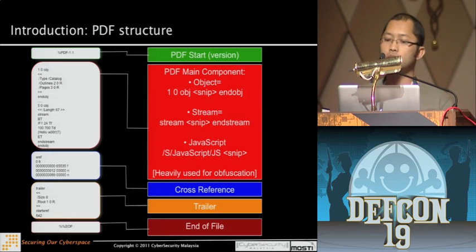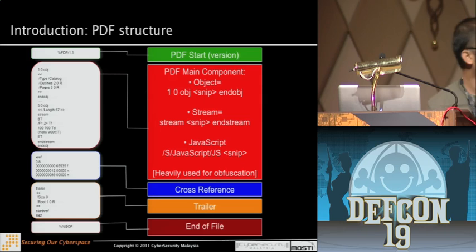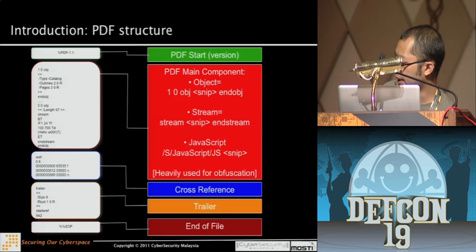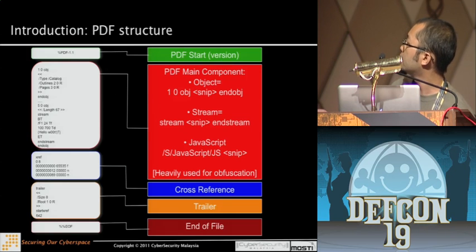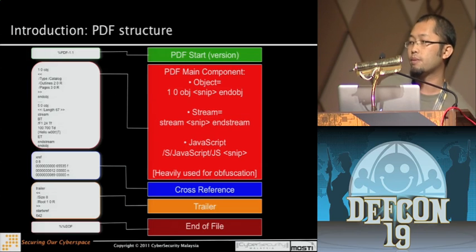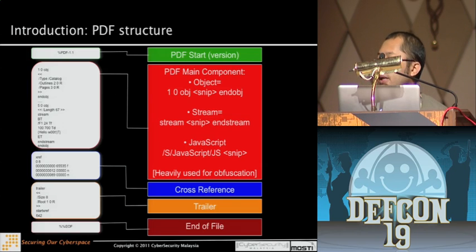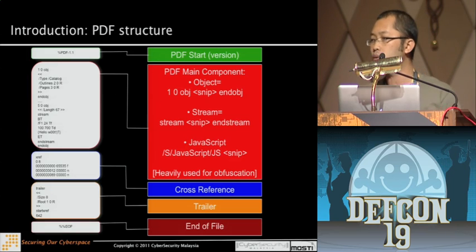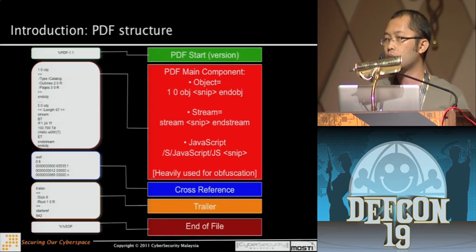The first one, in the green box, is the PDF version. Normally you have a percent sign, then PDF, and then the version number. One way to fool a couple of PDF analyzer tools is by playing around with the header.